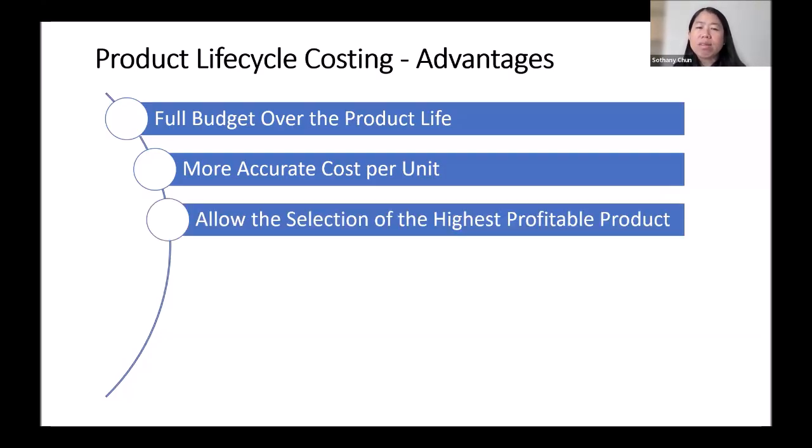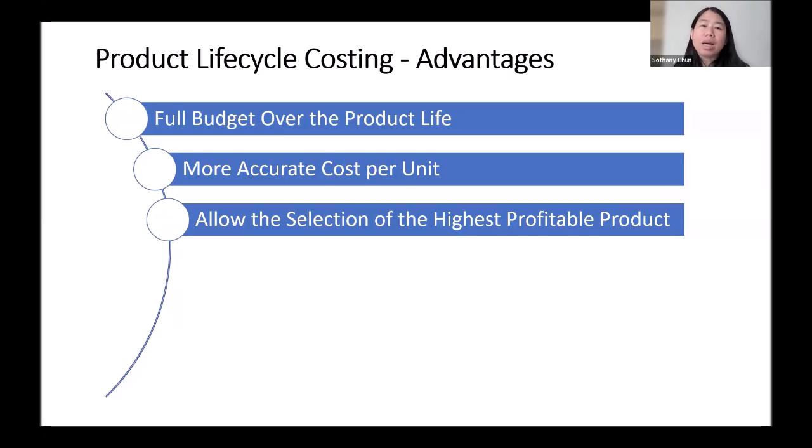And from the product lifecycle costing or cost analysis, it allows the business to select the product that has the highest profitability. As an example I mentioned earlier, if you have more than one product you want to design or introduce to the market, with the comparison using the product life cycle, you see which one actually results in higher profit.